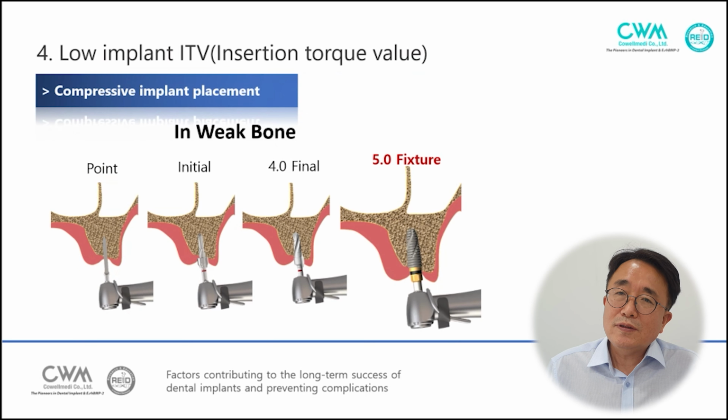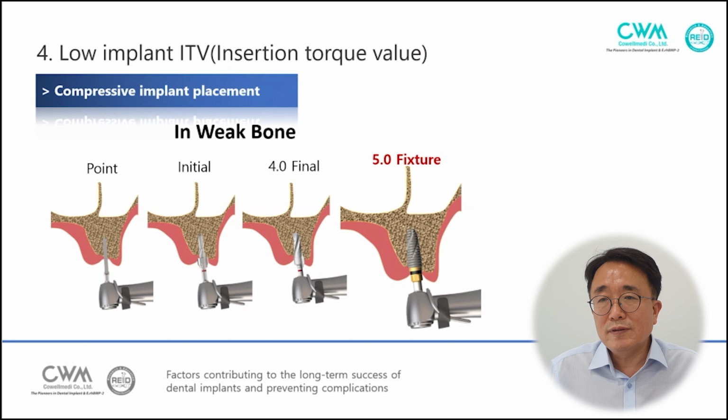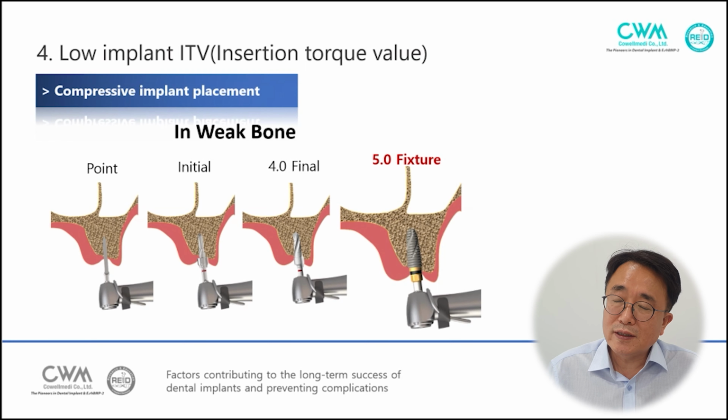So we have to do compressive implant placement in the maxilla molar with weak bone. First the point drill, and the final drill of diameter 4, and then a diameter 5 implant has to be inserted to get initial stability.